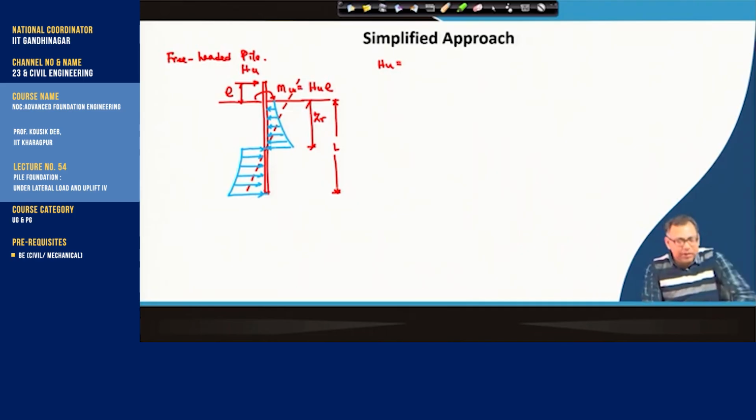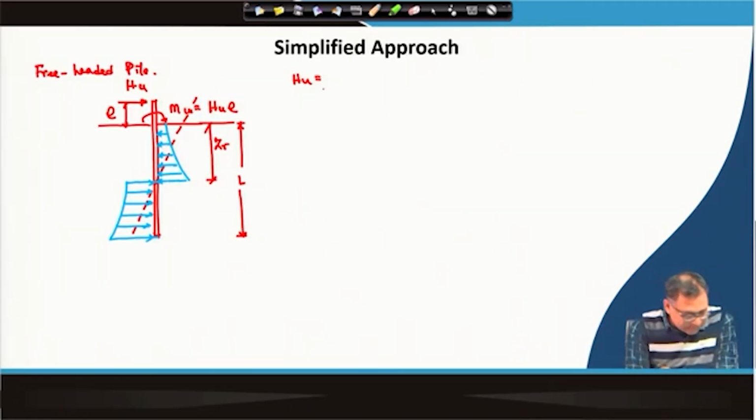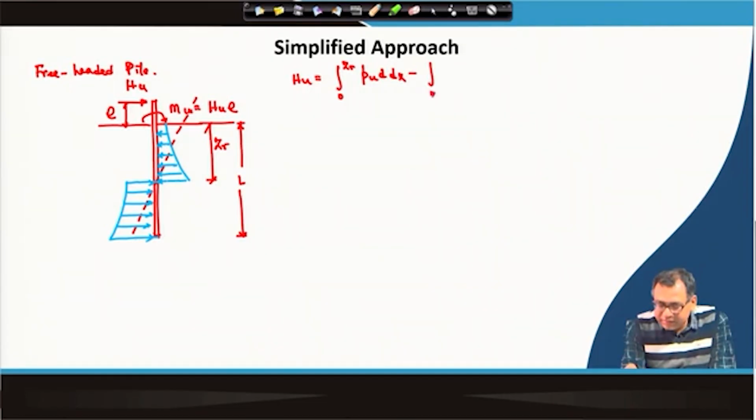This is the passive resistance. So, we can write that this is equal to integration from 0 to z r of p u d dz, and then minus, because this is in the opposite direction, integration from z r to L of p u d dz.